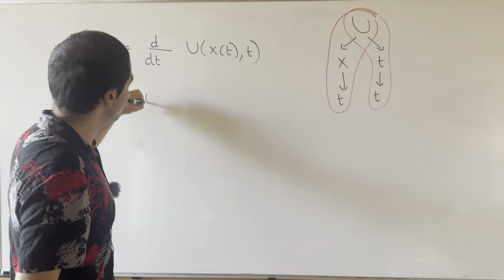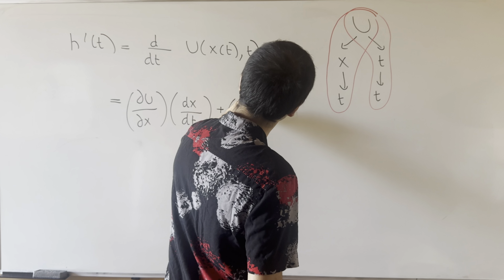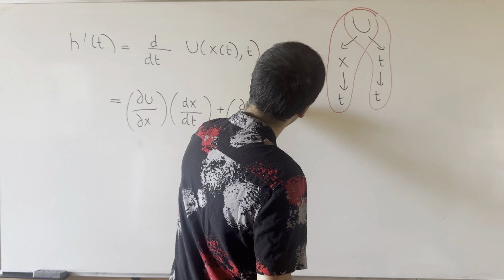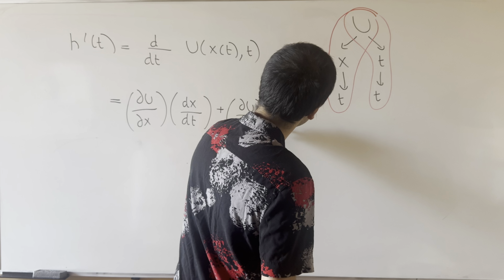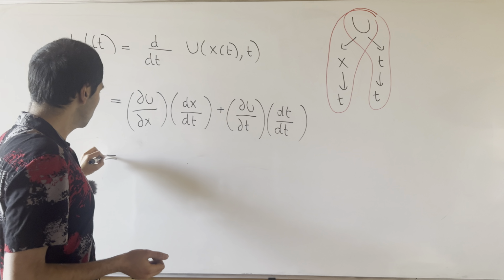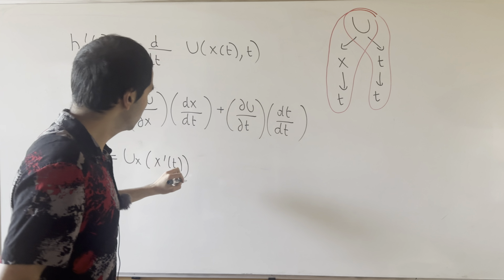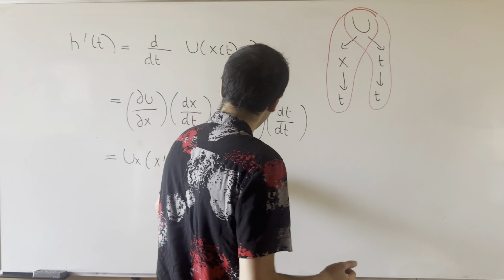So now let's use the chain rule. This is partial u over partial x, and then dx/dt, plus partial u over partial t, and then dt/dt. Which, in other words, becomes u_x times x'(t) plus u_t times 1.